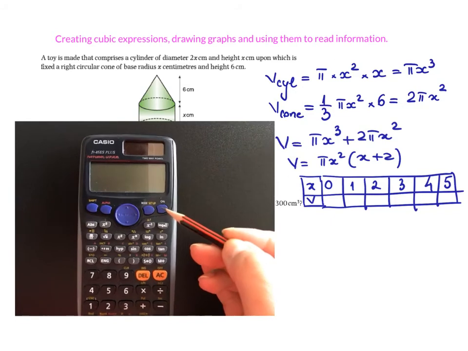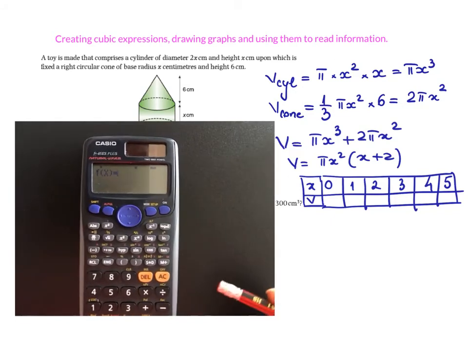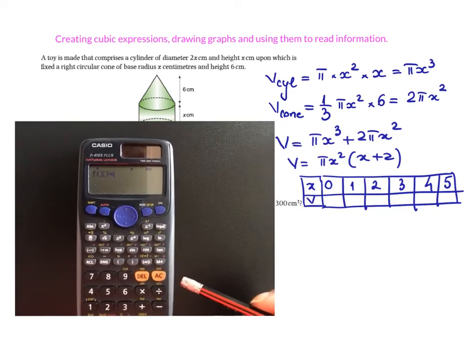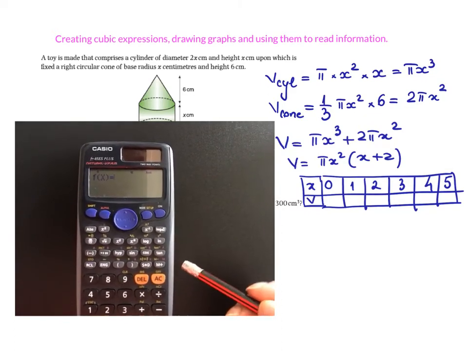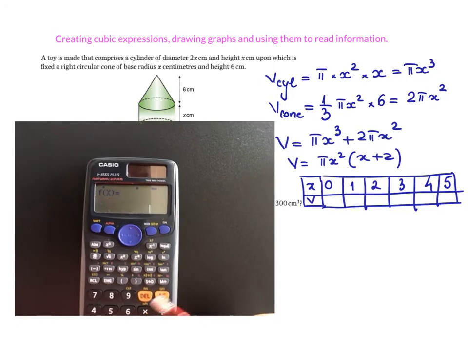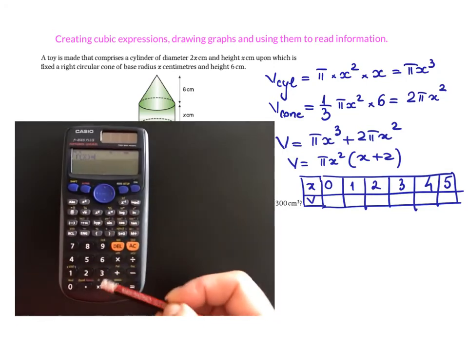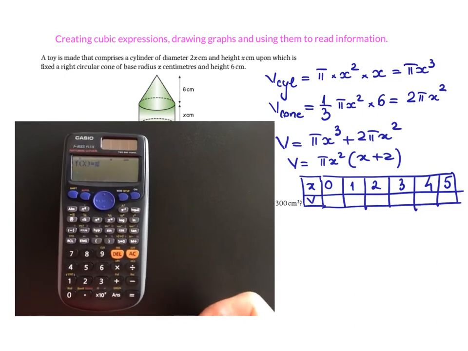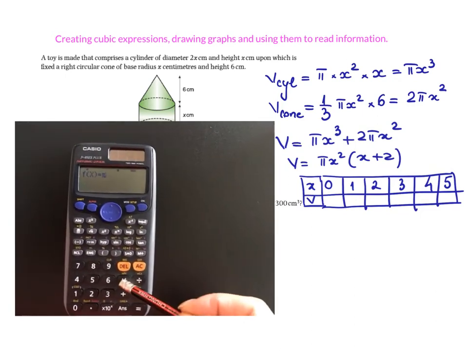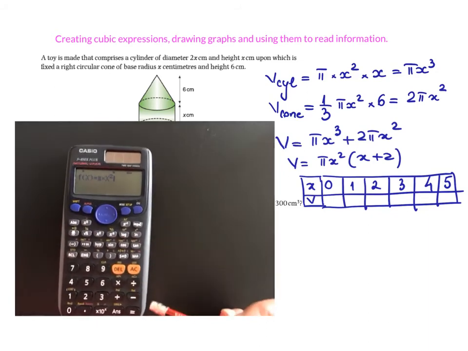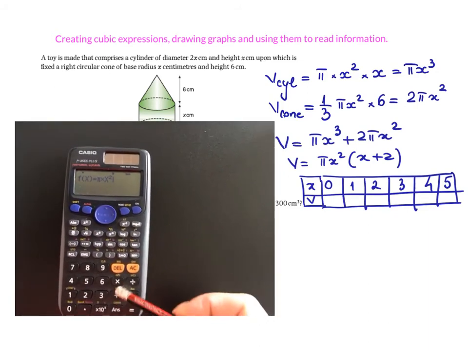So I'll be using my calculator, which is already in the table mode. And I will input the value of the function, which is pi times x squared times bracket.